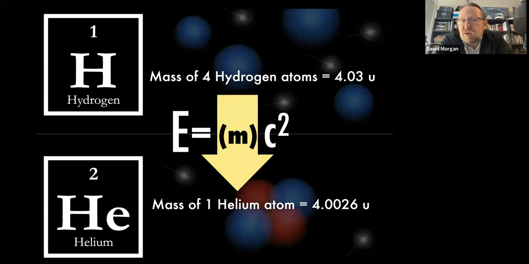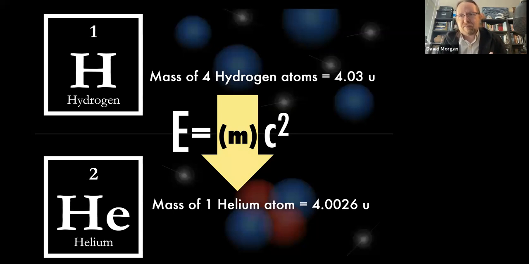So in the process of nuclear fusion, we lose a little bit of the mass of those 4 hydrogen atoms, and that mass is converted into energy. And this equation, E equals mc squared, says the energy is equal to the mass times c, which is the speed of light, squared. And the speed of light is a big number, right? Light is fast.